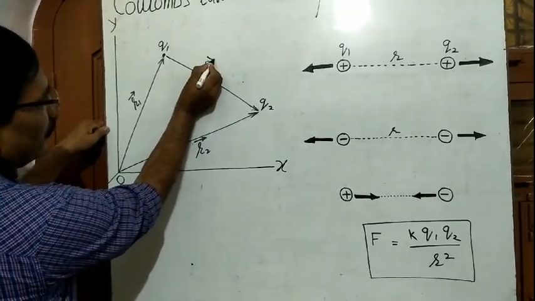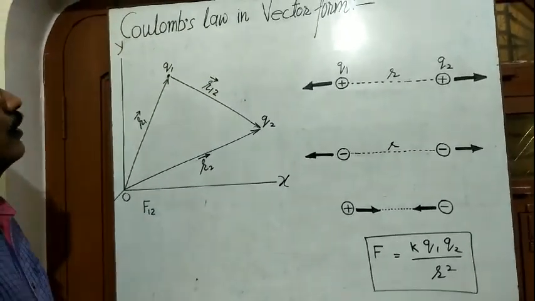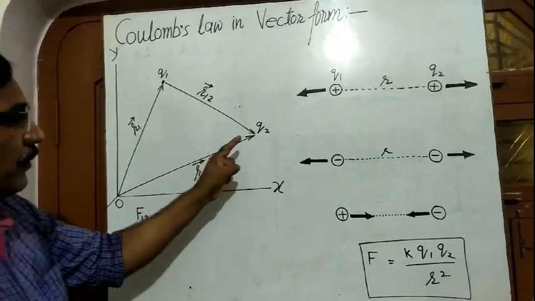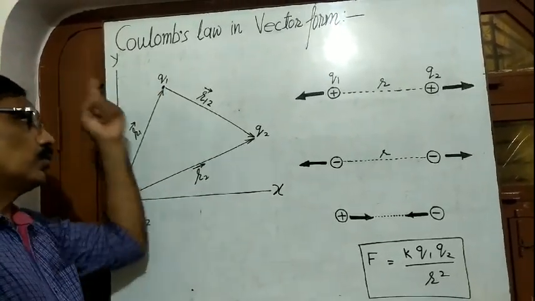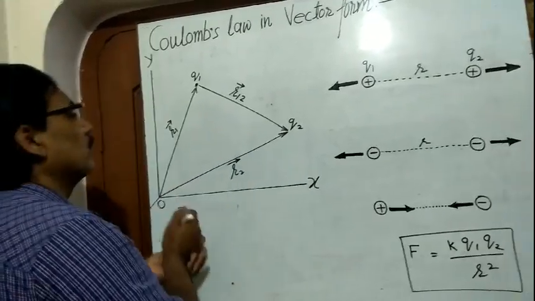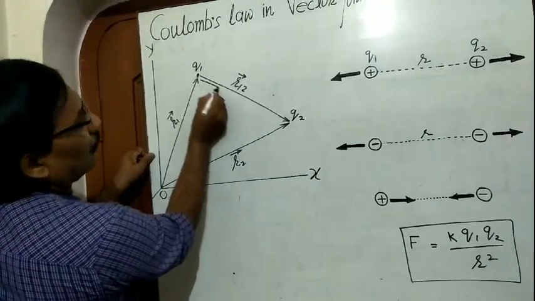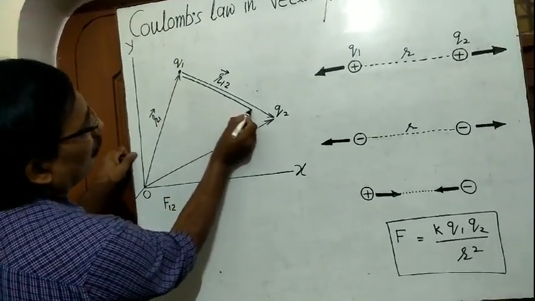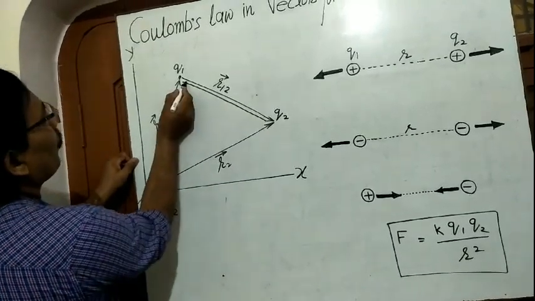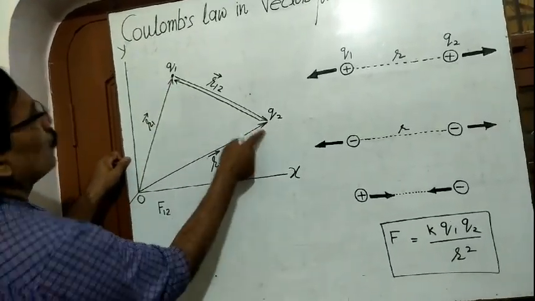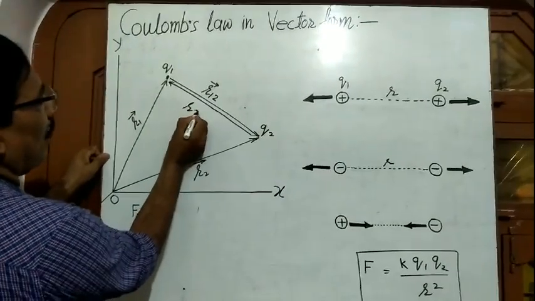It is written like this, r12. And the displacement vector of charge q1 from q2 is written like this, from q2 to q1, it is r21.